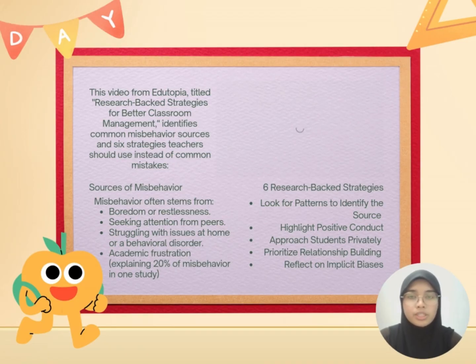So for the source of misbehavior, first, it often stems from boredom or restlessness from the student, and next we have seeking attention from peers, and also struggling with issues at home or a behavior disorder, and also academic frustration, where it explained that 20% of misbehavior came from academic frustration on the students' part.